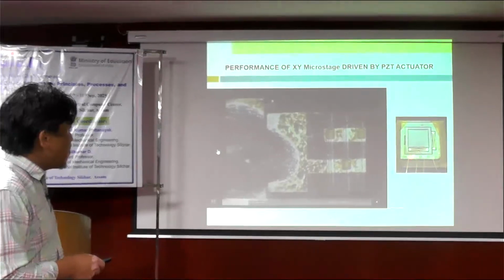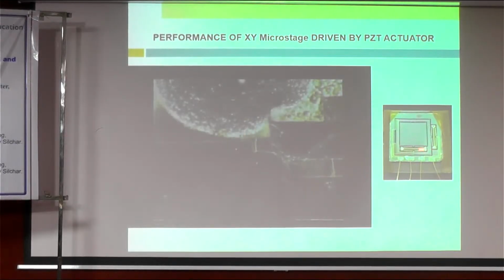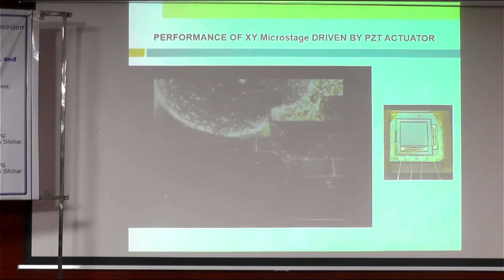This is a bonding pad with wires, and this is the actuator placed in between. Then you have the movement. A few micrometers can be made using this device, this actuator system.